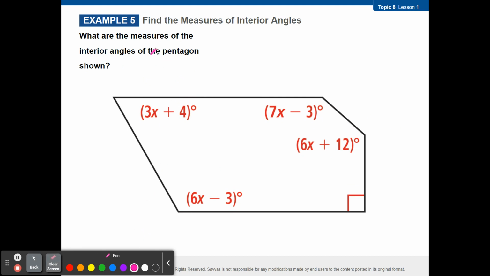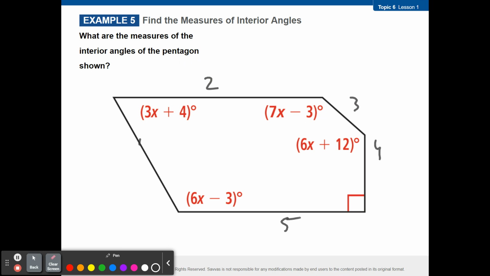All right, example 5. It says, what are the measures of the interior angles of the pentagon shown? Interior, not exterior. All right, so the first thing we need to do is mark how many sides we have. We have 1, 2, 3, 4, 5 total sides.